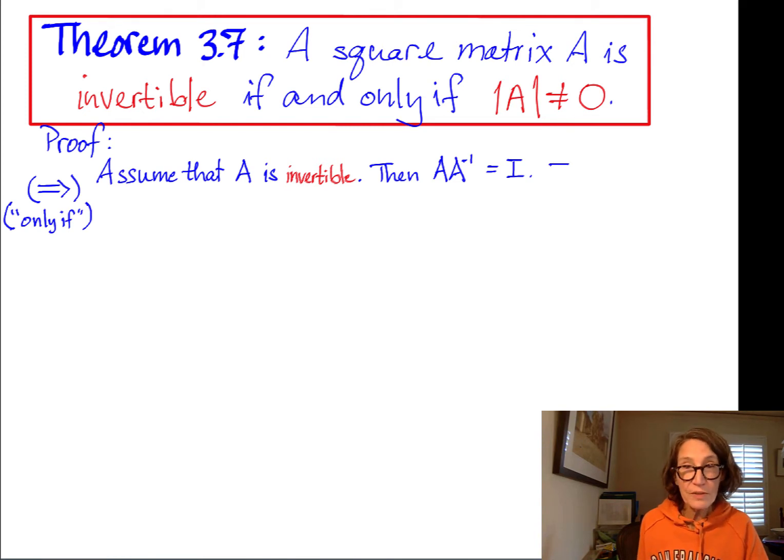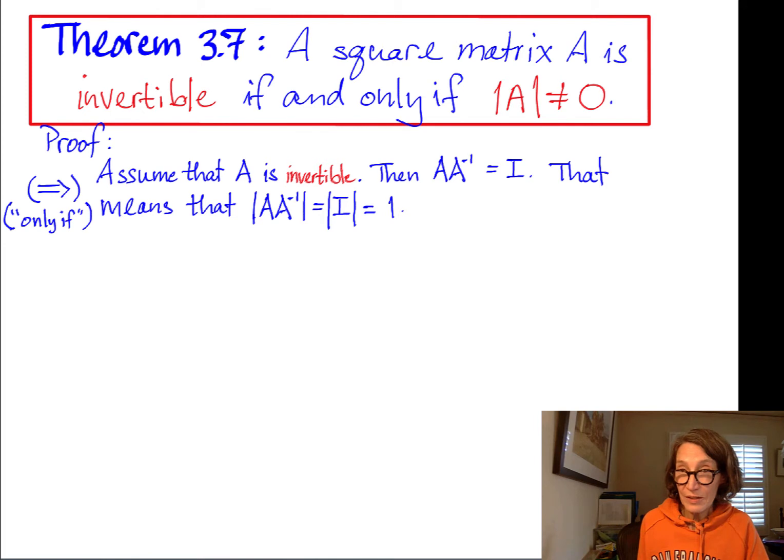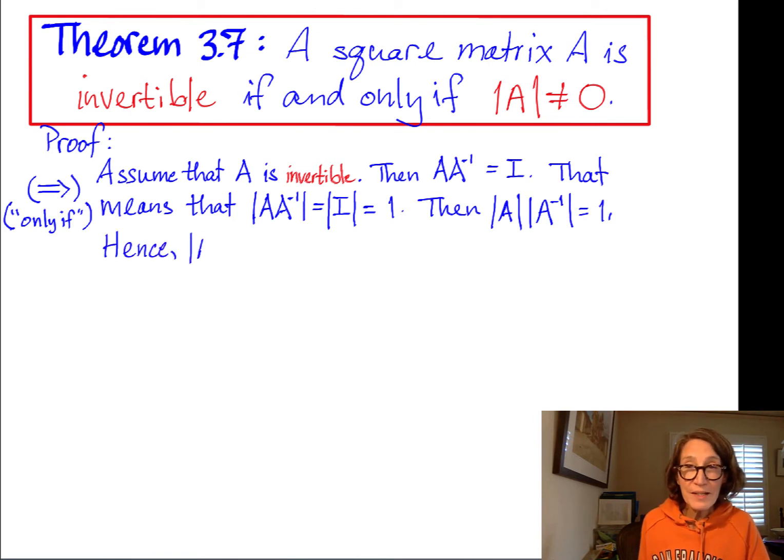And by one of the previous theorems, we can say that the determinant of A times A inverse is the determinant of the identity, which is just 1. Well, we can break that up and say it's the product of their determinants by one of the previous theorems. So the determinant of A times the determinant of its inverse is 1. That means that the determinant of A cannot be 0, because if you multiply 0 times something else, you're not going to get 1.